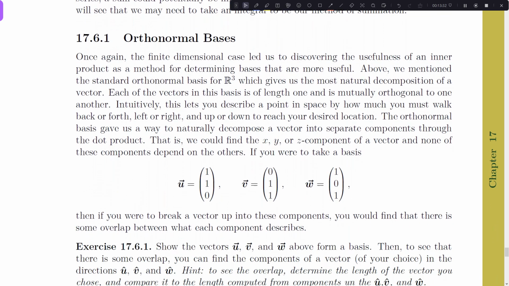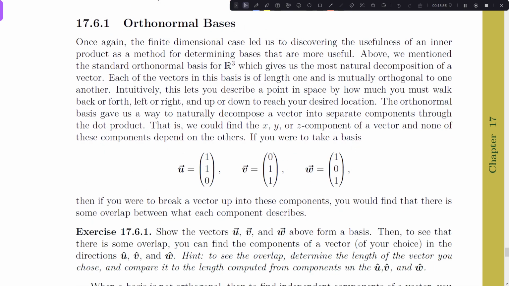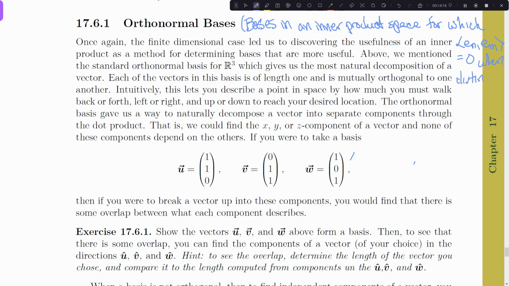So if we want to be a little bit more clear about what it means to be orthonormal, the first thing we need to do is establish, in parentheses, bases in an inner product space for which the inner product of any two bases, I'm using En and Em for my two distinct bases, is equal to 0 when distinct, if I can spell. Okay, so that's what you want to think about.